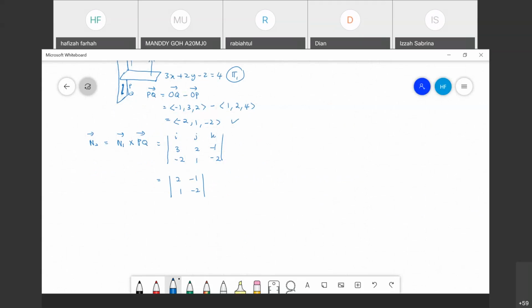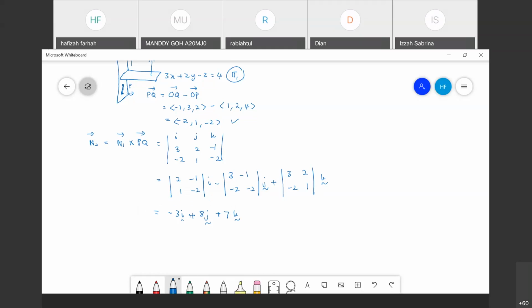Find the determinant of i, minus j, and then for k. So this will be -4 plus 1, -3i, and then plus 8j, and then 3 plus 4 will be plus 7k.